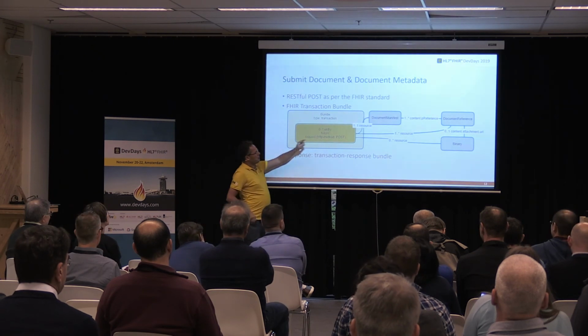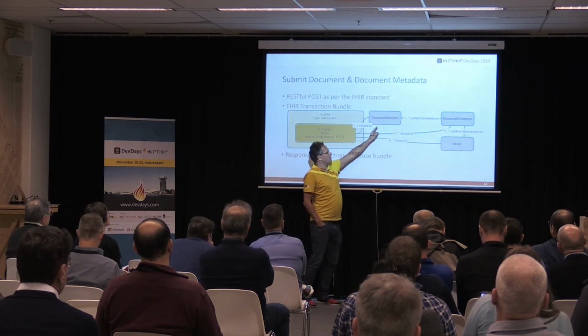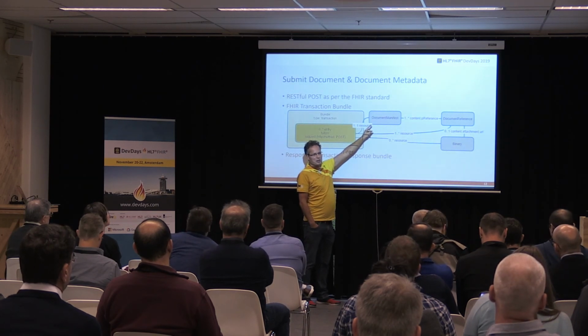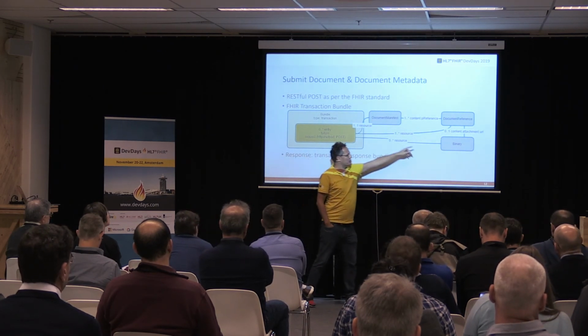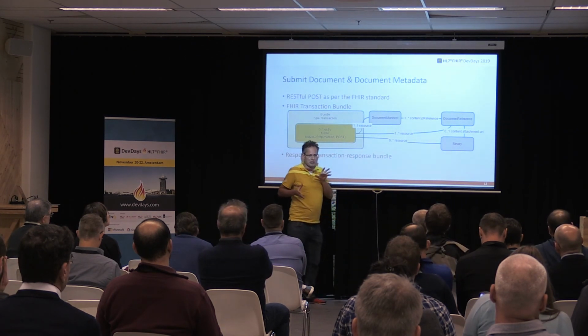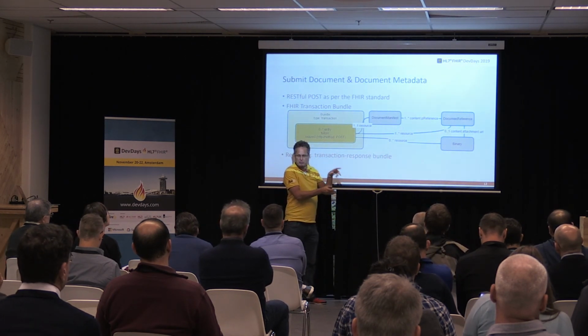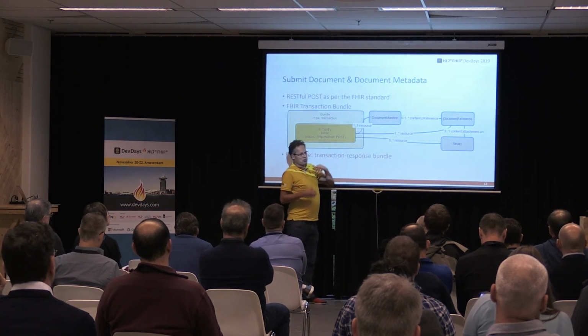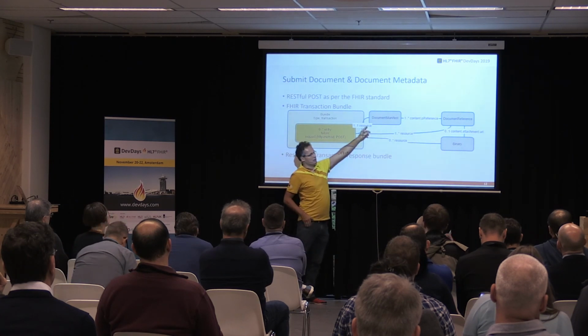Anyway, this DocumentManifest contains the metadata of the submission, because the party that authored the document may be a different one than the party that actually pushed these documents to an XDS server. And the closest thing to me is Provenance.